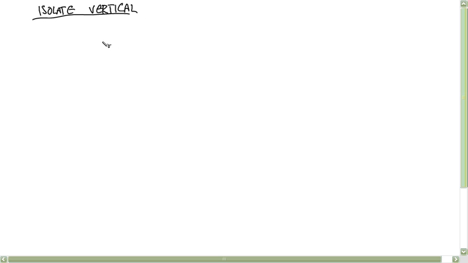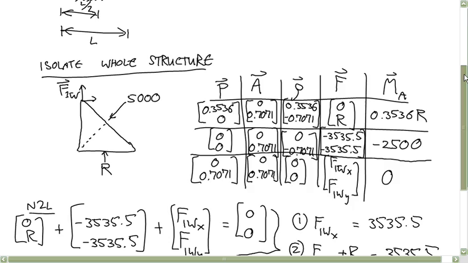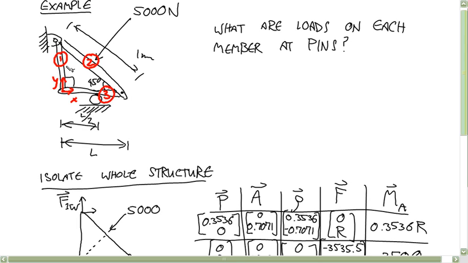Again, this free body diagram, figuring out what loads are acting on what, is the crucial step in this whole process. What are the external loads acting on this vertical member?